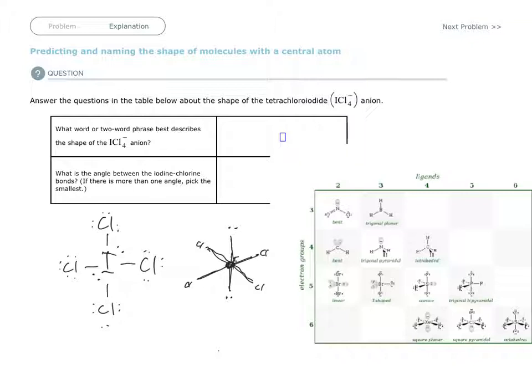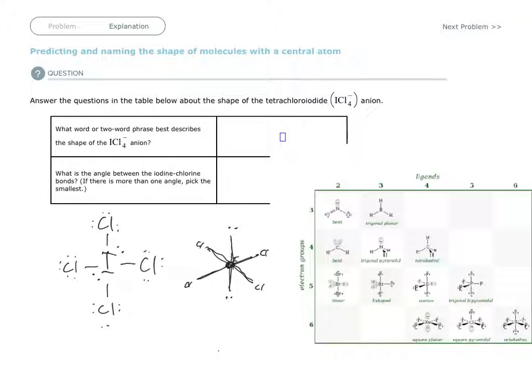Okay, and then here's number 6. Now here's our guy. This is ours. We've got 1, 2, 3, 4, 5, 6 electron groups. 2 of them are lone pairs. That means that just these guys are going to be the only thing you see. Now we already knew that this is 90, and this is 90, this is 90, this is 90, because it's just north, south, east, and west.